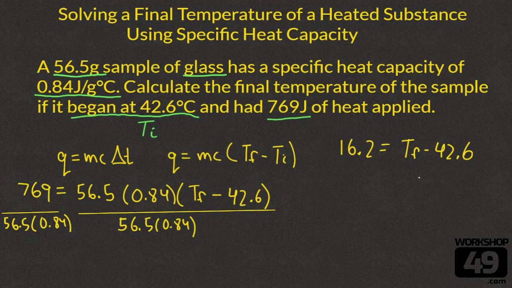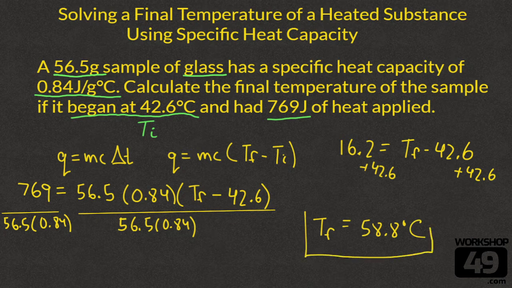And we want to get this temperature final all by itself. To get rid of this negative 42.6, we are going to add 42.6 to both sides, and we are left with a temperature final equal to 58.8 degrees Celsius. And that will be the final temperature of our glass from this problem.